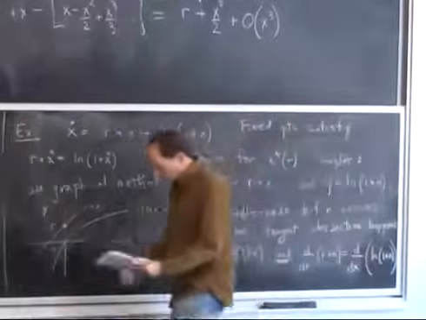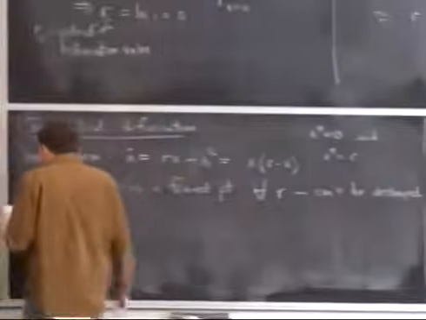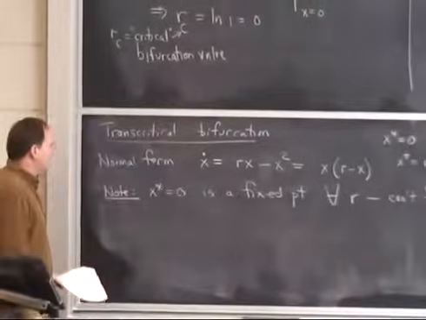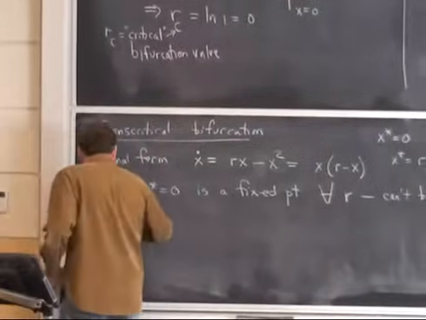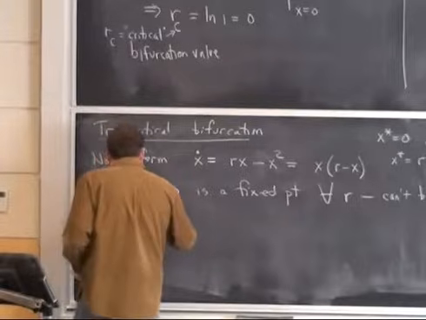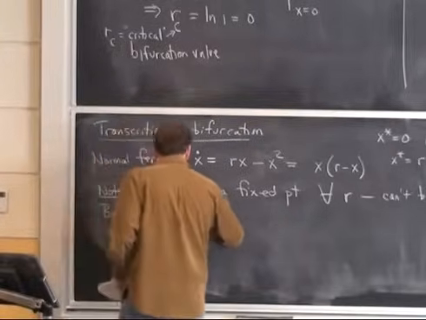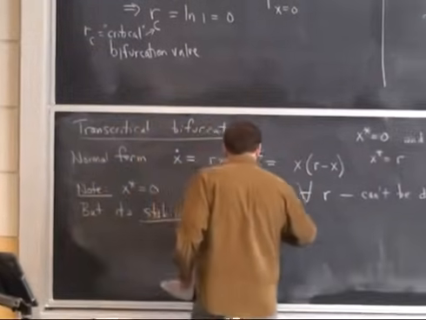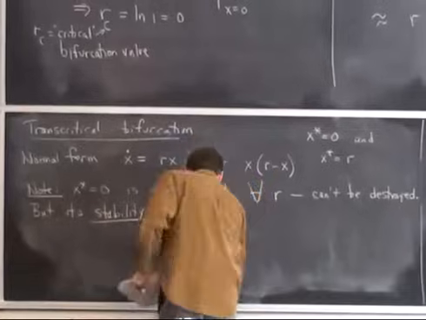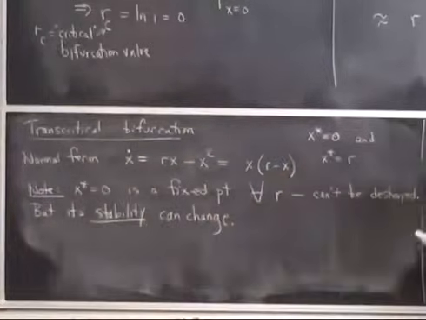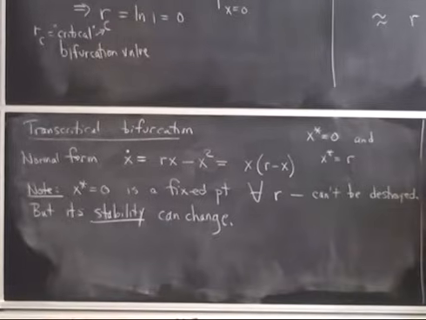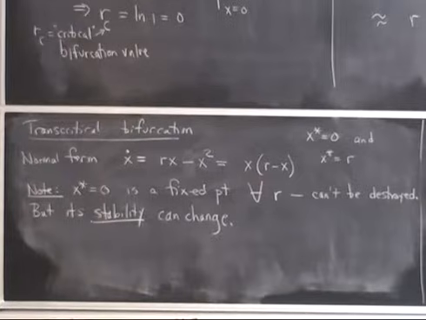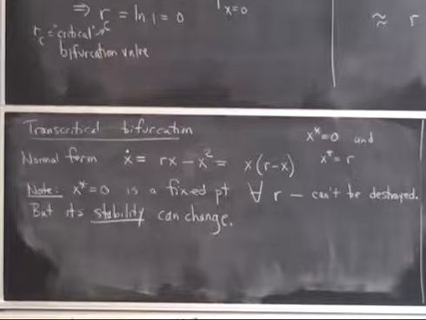But here, let's just look at what happens in this problem. Even though we can't destroy the fixed point, we can change its stability. And that's what happens here. So let's draw the bifurcation diagram, maybe as a little use of linearization that we talked about earlier. Let's see what's going on. x equals 0 we can see is stable.